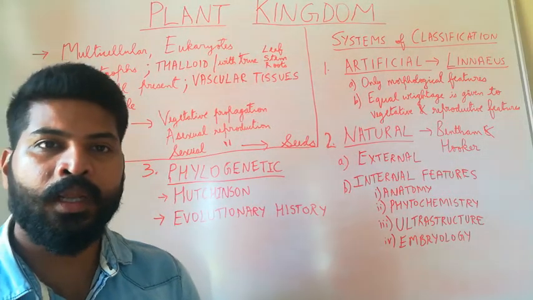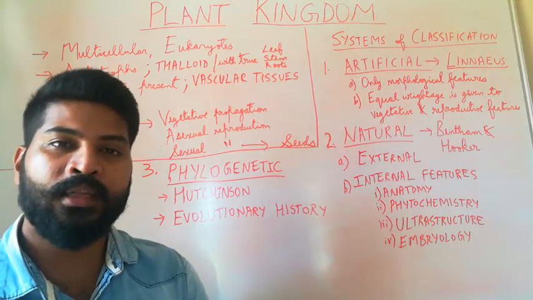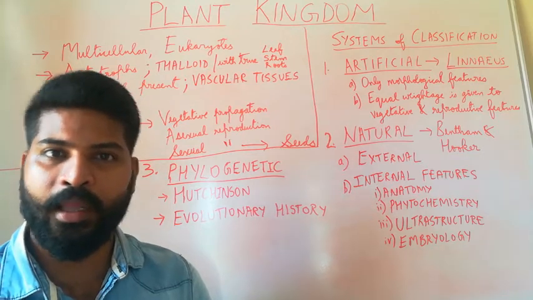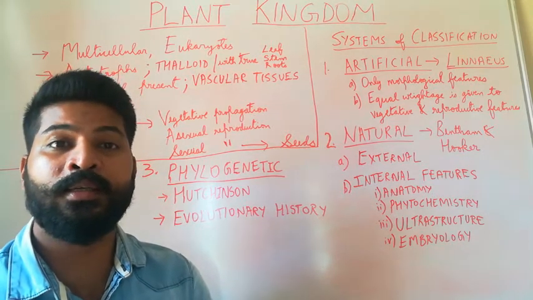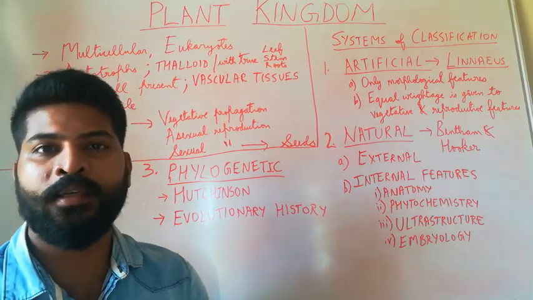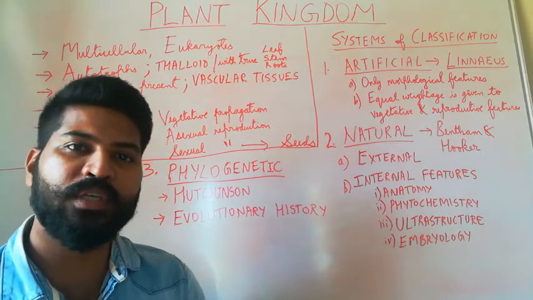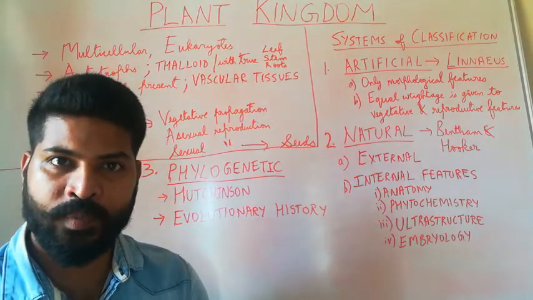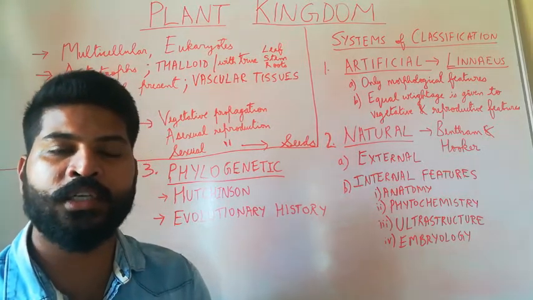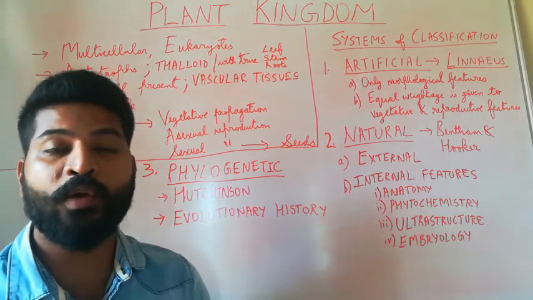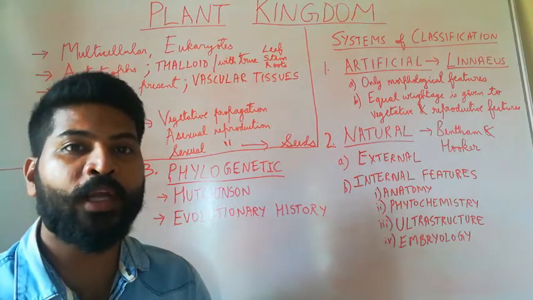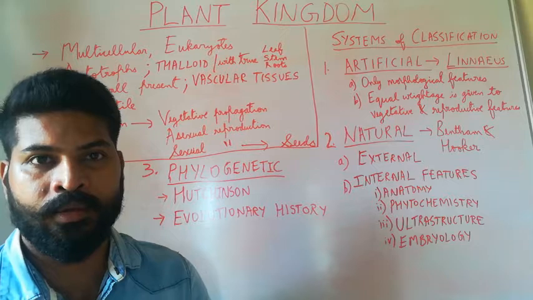plants. Now, initially in the kingdom Plantae, all organisms were included, which included the bacteria, protista, cyanobacteria, along with your bryophyta, pteridophyta, gymnosperms and angiosperms, without making any distinction between their cell organization, between whether they are prokaryotes or eukaryotes, what type of cell wall they have, are they autotrophic or heterotrophic, isn't it?